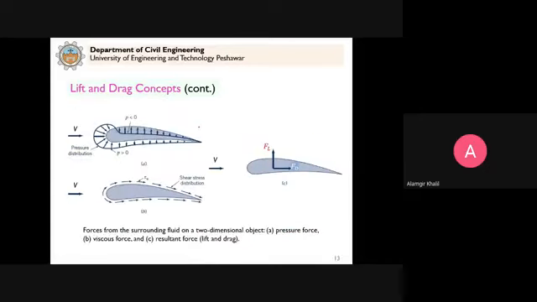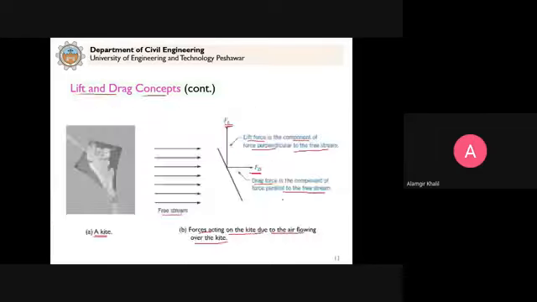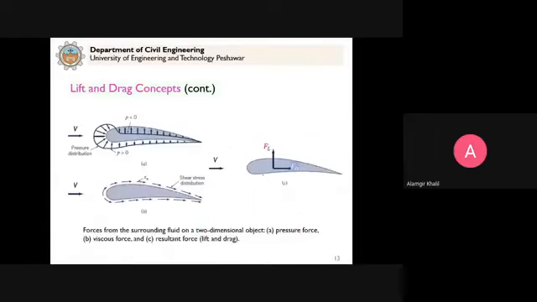So now that we know that two principal forces are acting on bodies when they are moving through the fluid, in this diagram you can see here that this is an airfoil. Clear. If you cut the aeroplane wing here and you would like to see the shape, if you take the cross section here, the cross section can look like this.